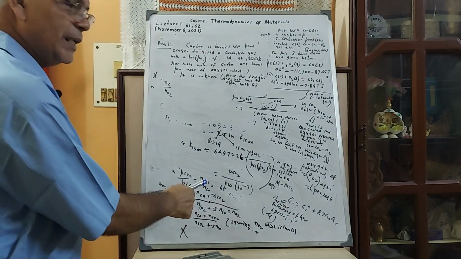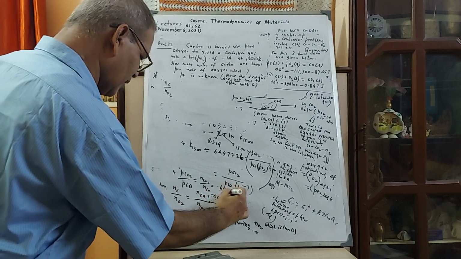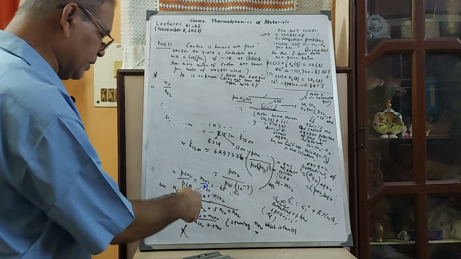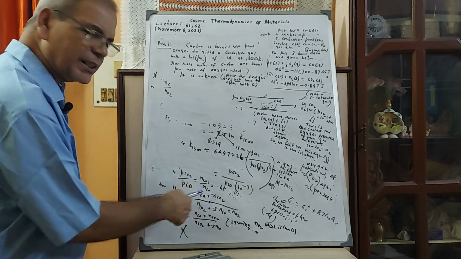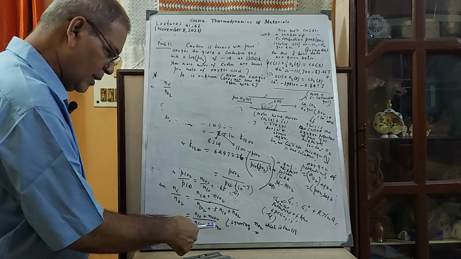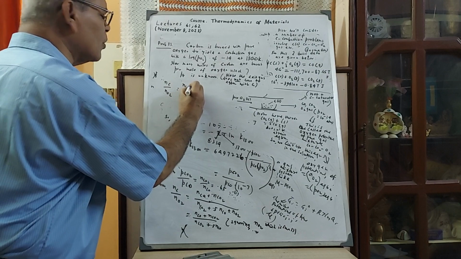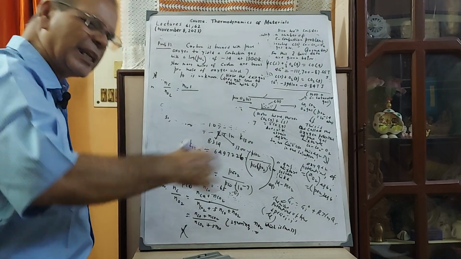Please follow. NCO2 by NCO, call it equation 1, is 0.65. So NCO2 is 0.65 NCO, and everything is cast in terms of NCO; all NCO will cancel out.